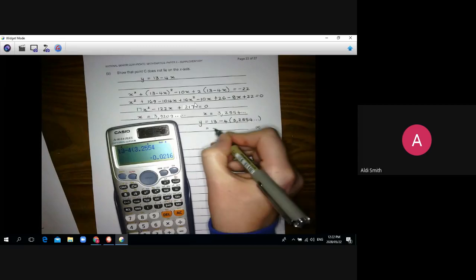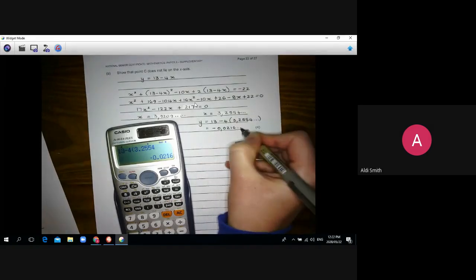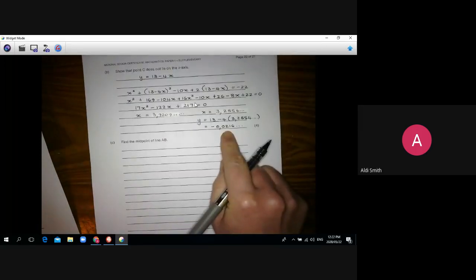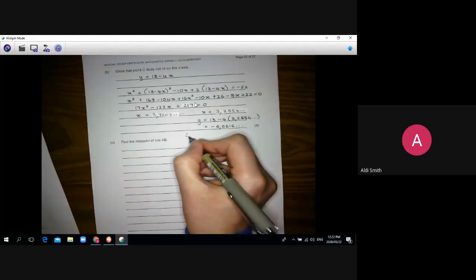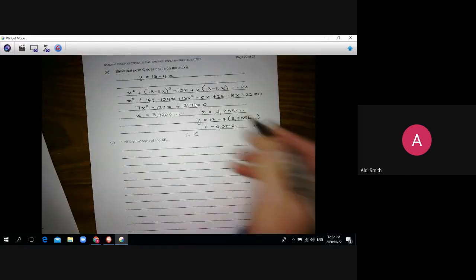We're getting minus 0,0216 dot dot dot. So even though it is very close to 0, it is not equal to 0. So because this is not equal to 0, I can then say, therefore, C does not lie on the x-axis.